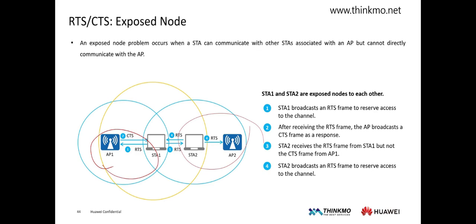Because terminal 1 might mistakenly think that terminal 2 is also transmitting, causing it to enter a waiting state, or terminal 2 might think terminal 1 is transmitting, and it will also enter a waiting state. At the same time, when the AP sends a CTS, terminal 2 might not be able to properly receive the CTS, leading to abnormal data transmission. This is what we commonly refer to as the exposed node problem.